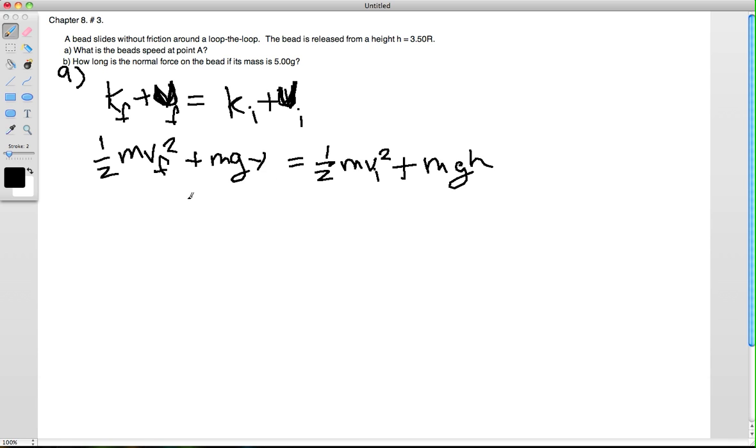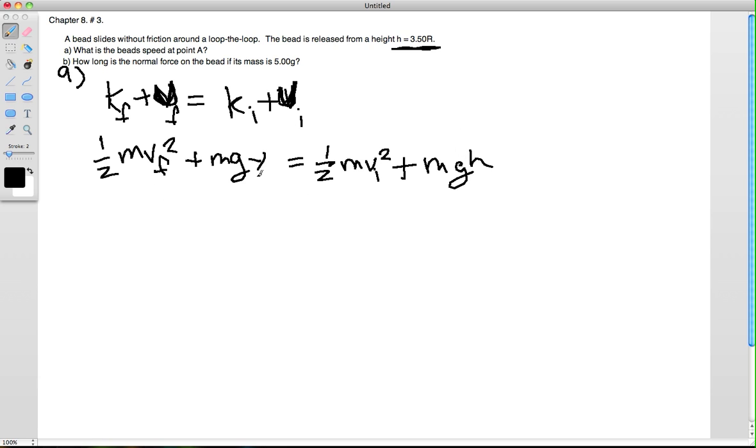So this is your equation for part A, and you already have the height h equals 3.50 r, which you can plug in later on.